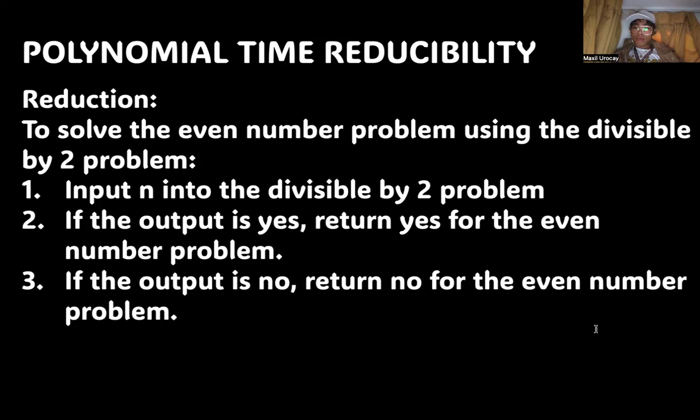So this demonstrates the concept of polynomial time reducibility in a straightforward way. As I mentioned earlier, problem A, even number, is reduced to problem B, divisible by 2. Since that is constant, it is considered polynomial time.